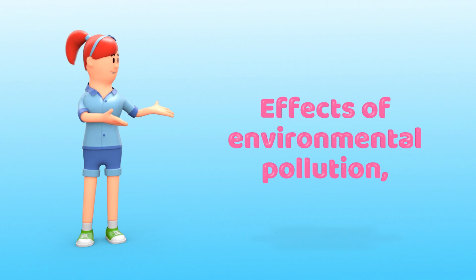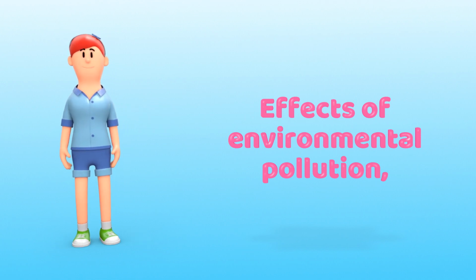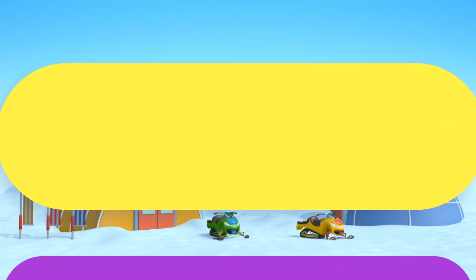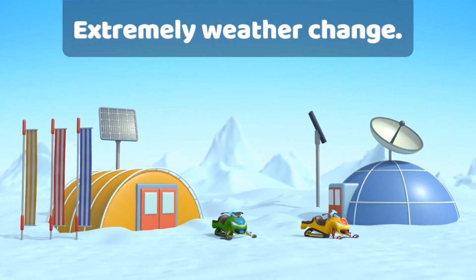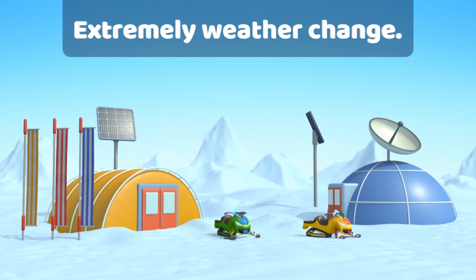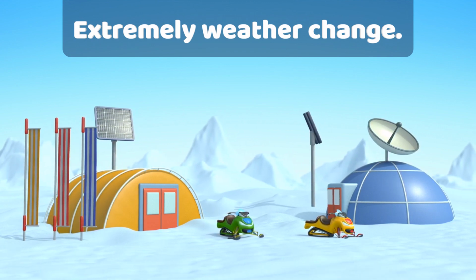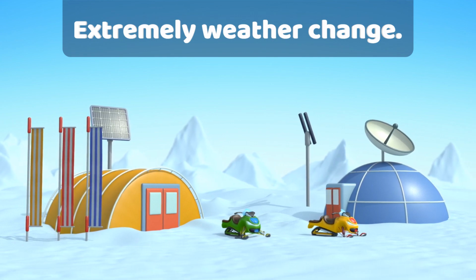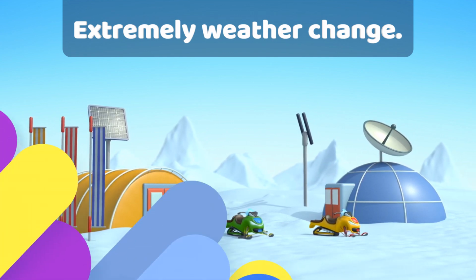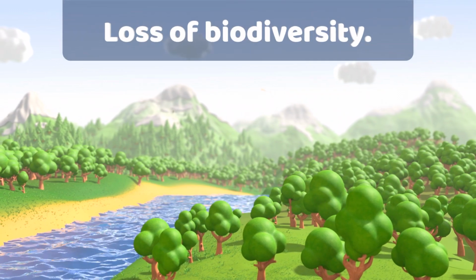Students, our last part today is all about the effects of environmental pollution. Extreme weather changes are often linked to climate change, driven by human activities such as burning of fossil fuel, deforestation, and industrial activity. Pollution can harm ecosystems.